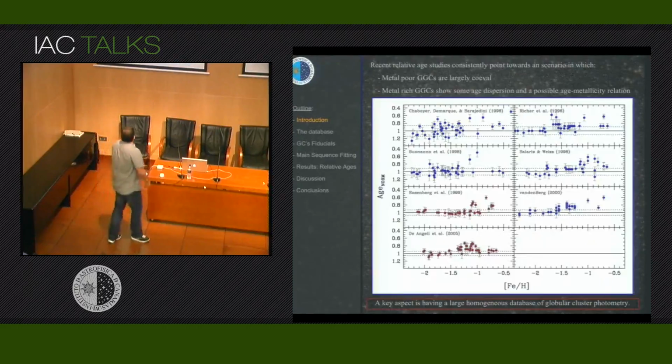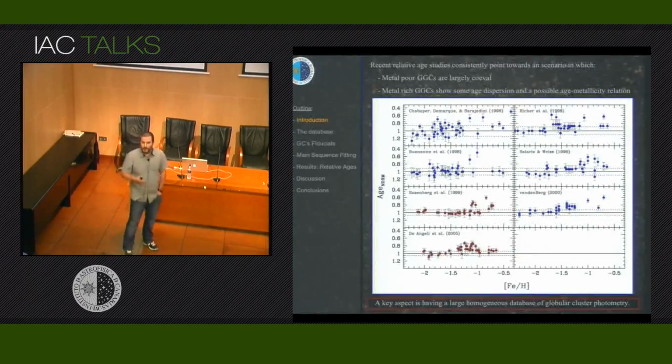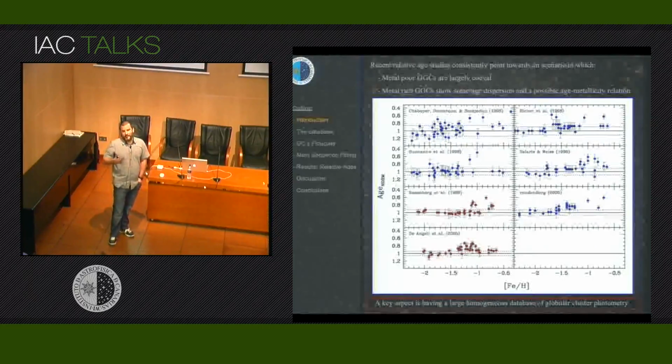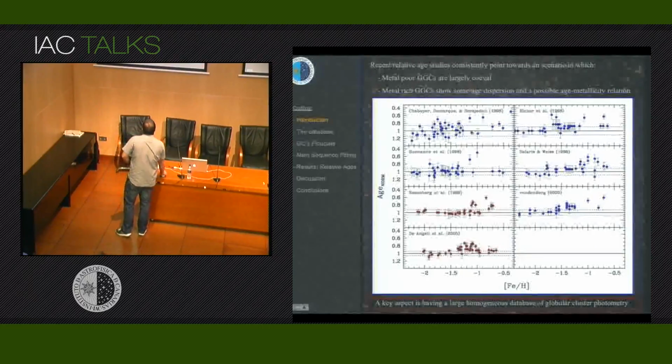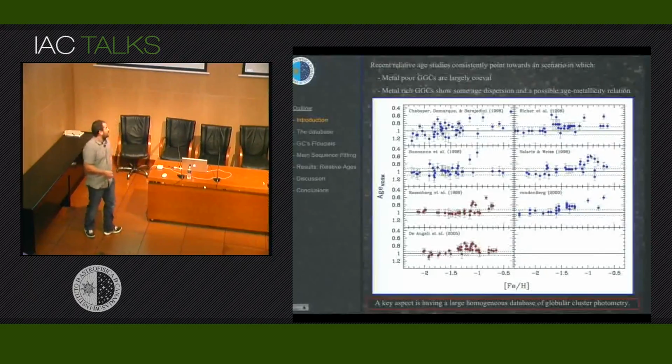Relative age studies have pointed towards a scenario in which the metal-poor globular clusters are largely coeval, and the age dispersion increases at high metallicity. You can see here different studies, and of course you see that all low metallicity clusters are largely coeval, and with increasing metallicity you get an increase in the age dispersion.